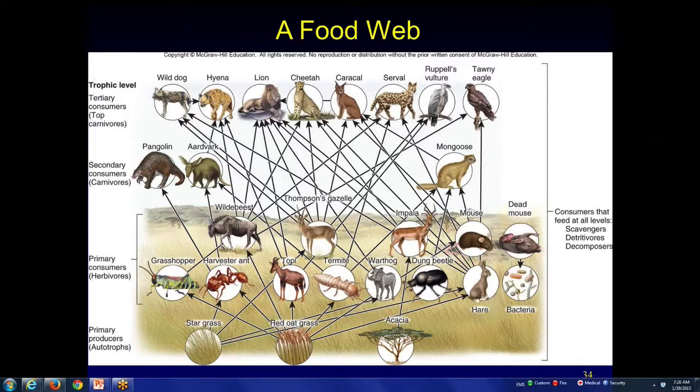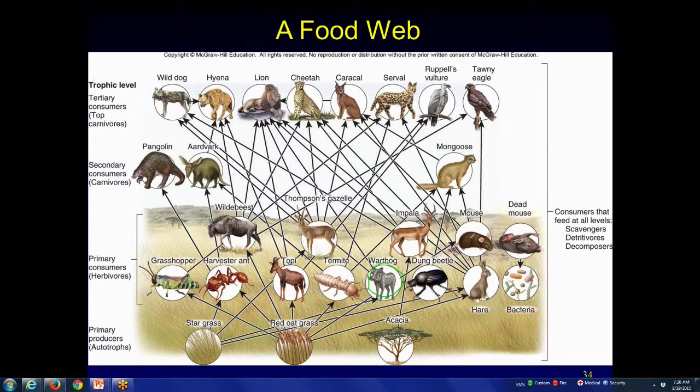This is a much more complicated food web showing the full scope, or a much larger scope, of what's really happening out there. And as you can see, it's very complicated. Like, for example, if you look at the warthog, just the warthog here, you could see it's eating grass, but it's also being eaten by a lot of other things, like the lion, like potentially the cheetah.